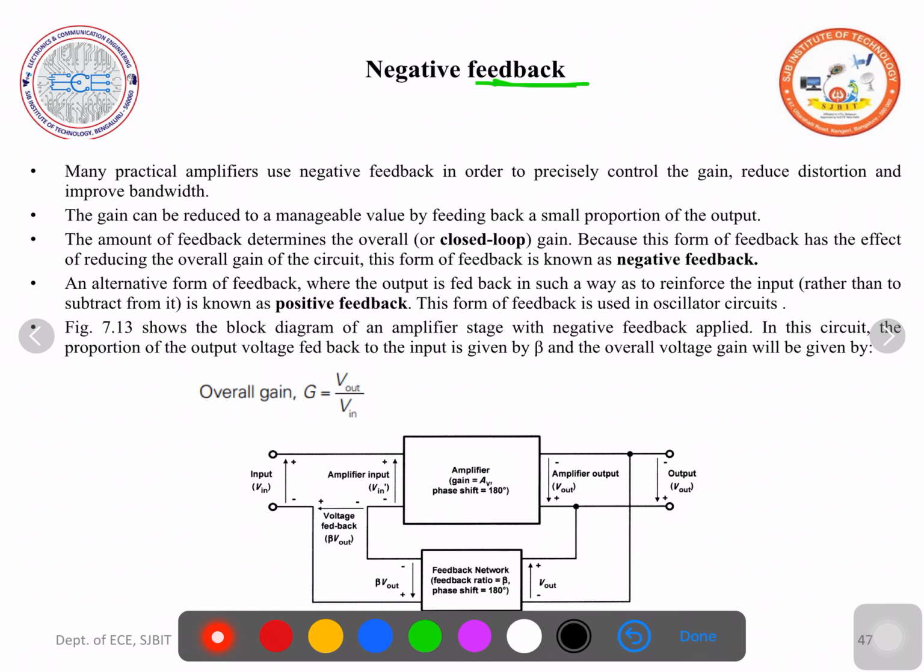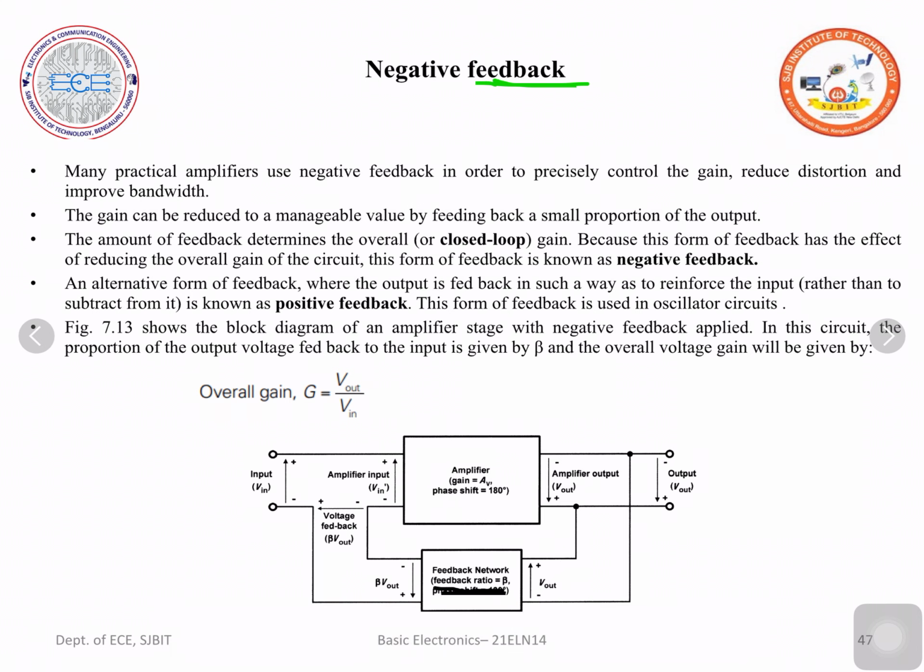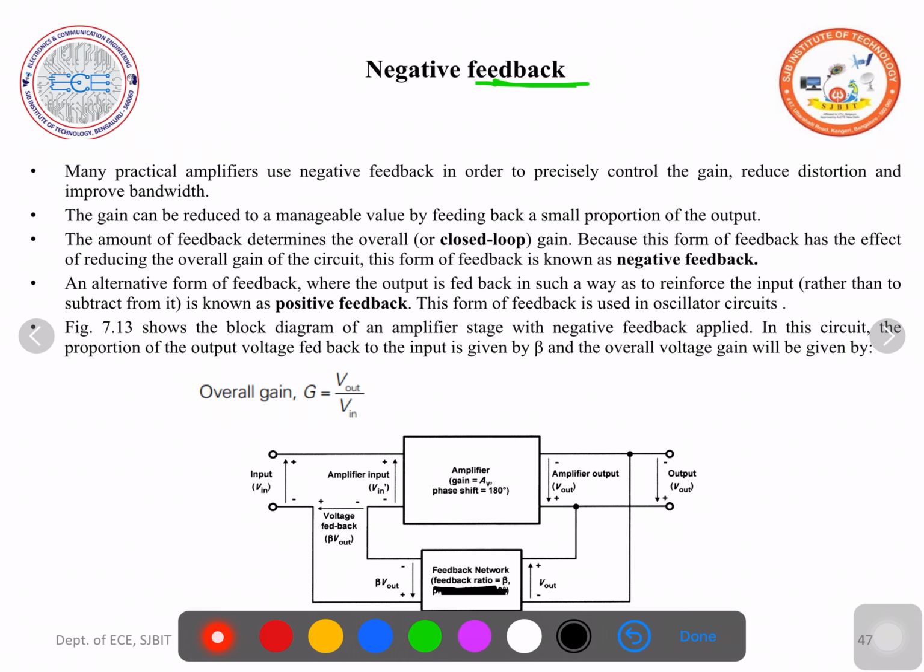For negative feedback, there will not be any phase shift. First of all, there are two types of feedback: one is positive feedback, the other is negative feedback. If you are talking about negative feedback, here the input signal, let us say, is like this.